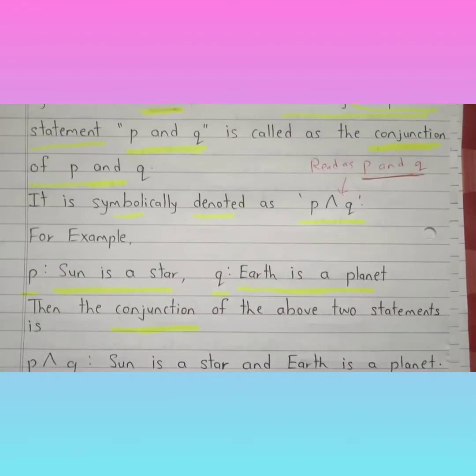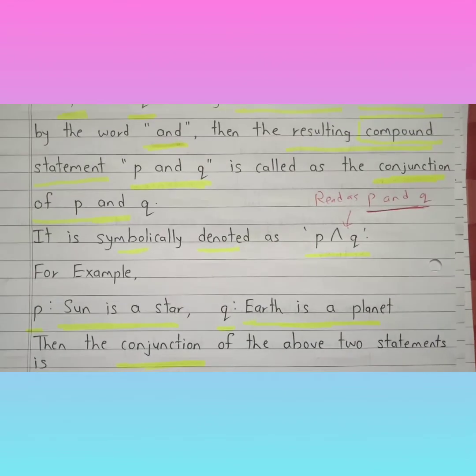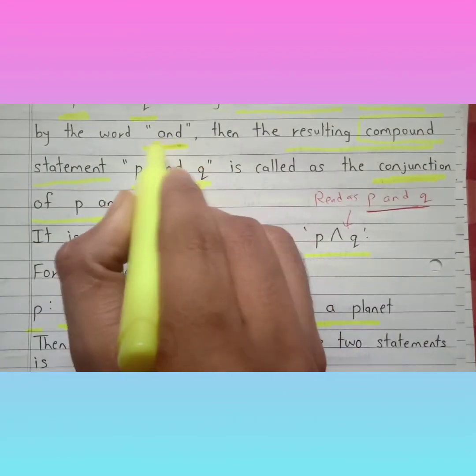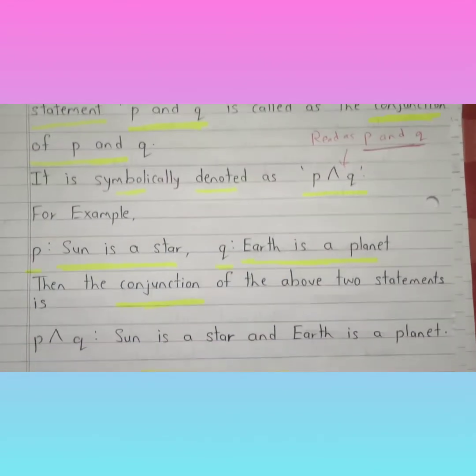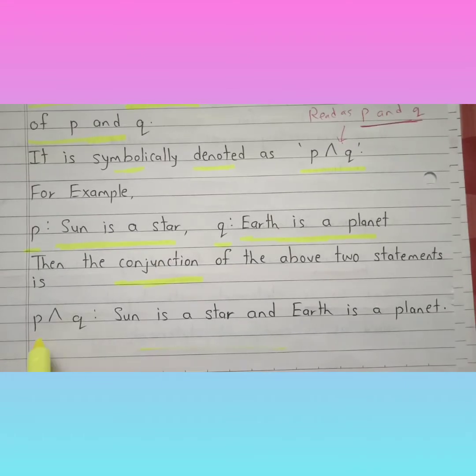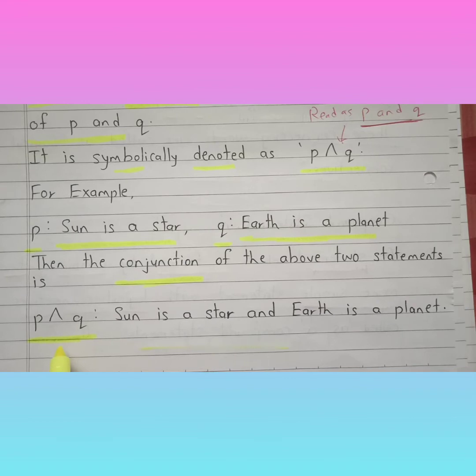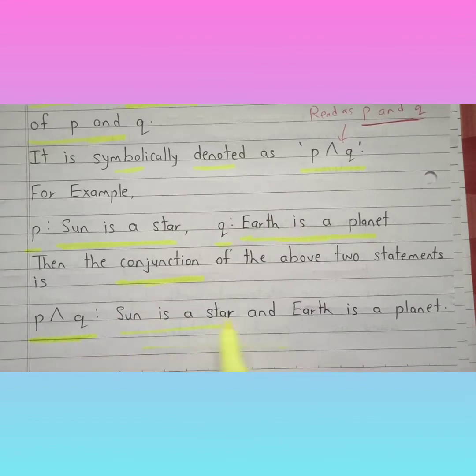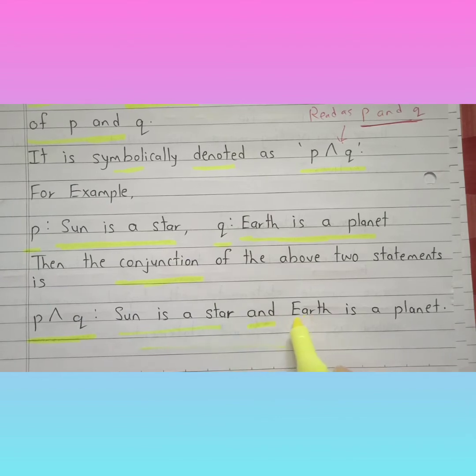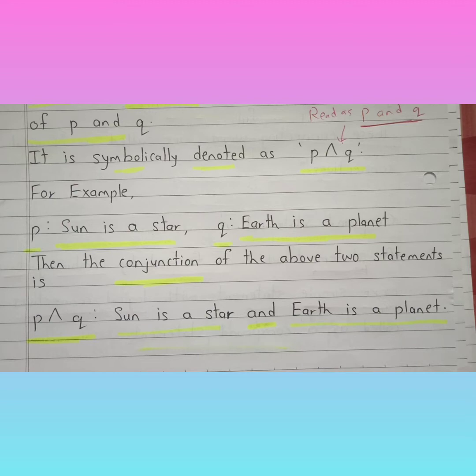According to the definition, we will use the word "and". We denote it as P ∧ Q, read as P and Q, and our resulting statement will be: sun is a star and earth is a planet.